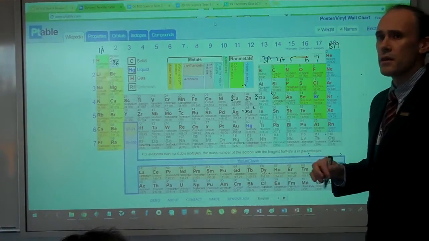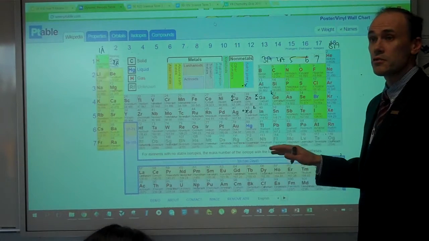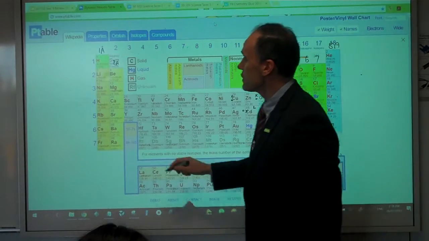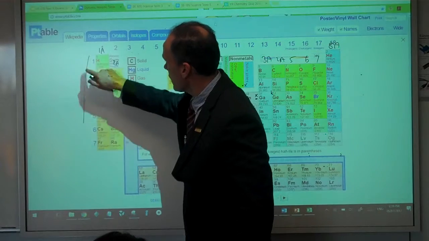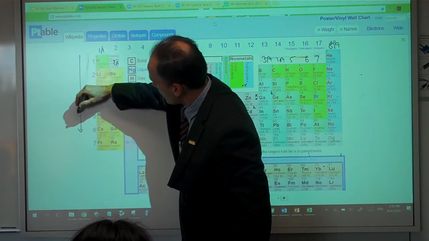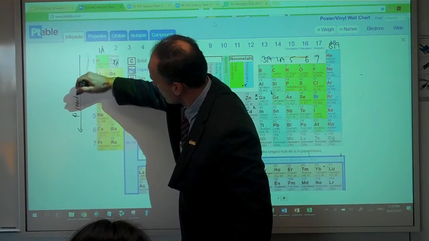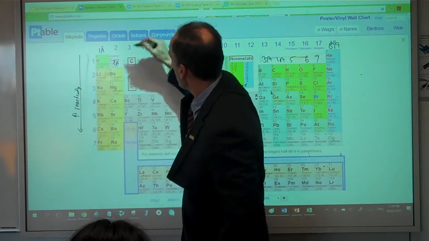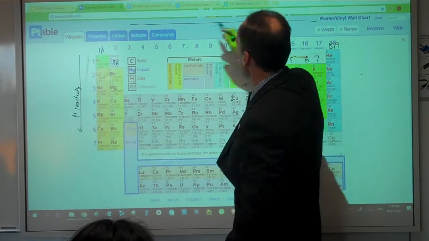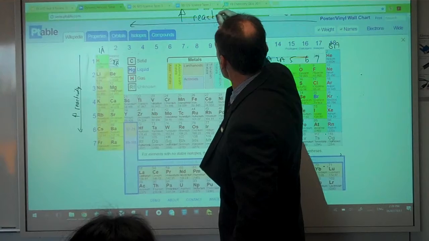Now, where are the most reactive elements in the periodic table? The most reactive. Bottom left. So you've got an arrow here with increasing reactivity, and we have an arrow across the top with increasing reactivity.